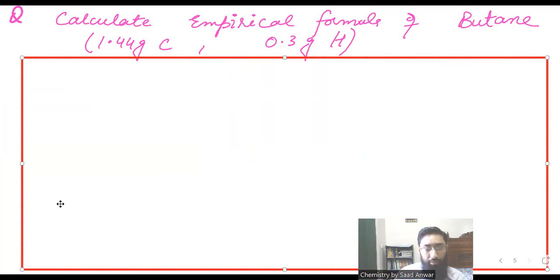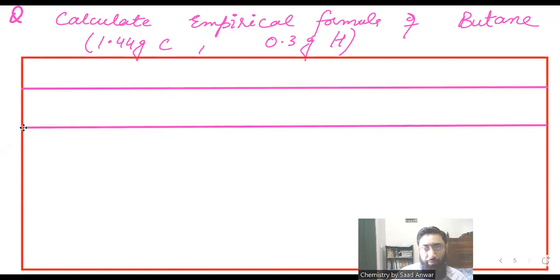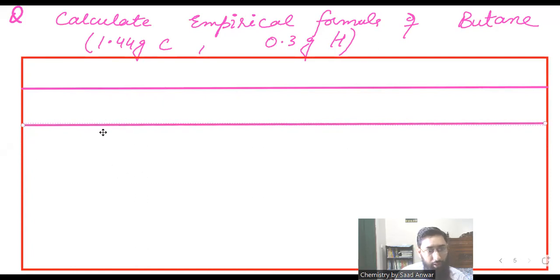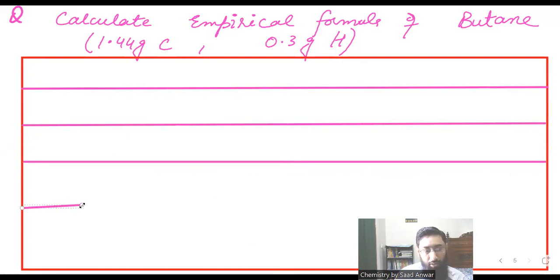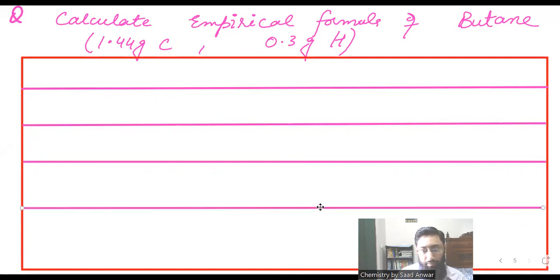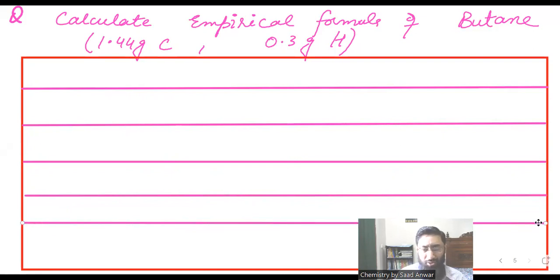Similarly, I start making a few rows, one row, then another row, then another row, then another row, and this is okay, I guess. Now I will put a line here, then a straight line here. So the first step is write symbols.